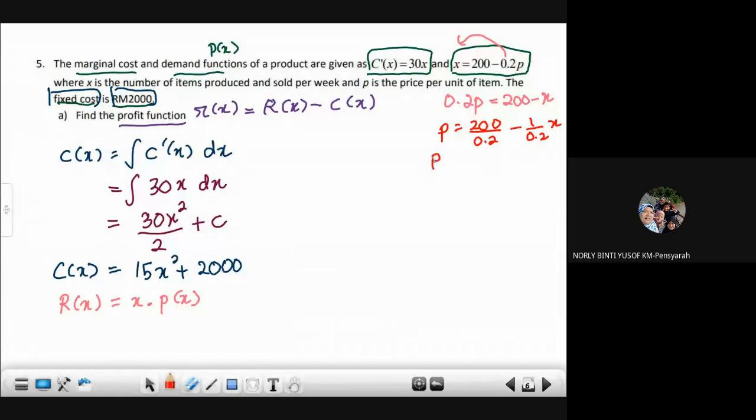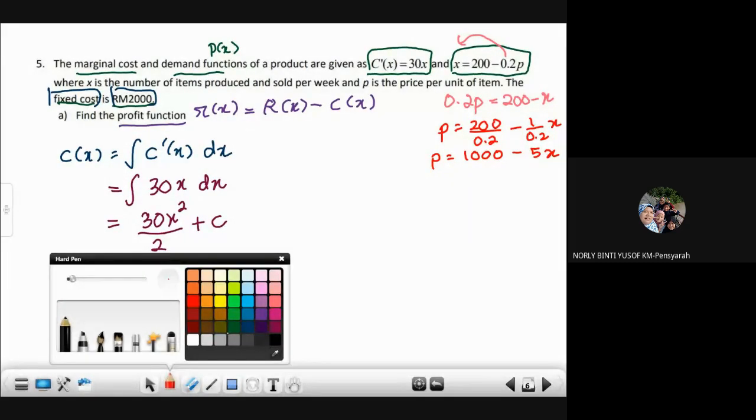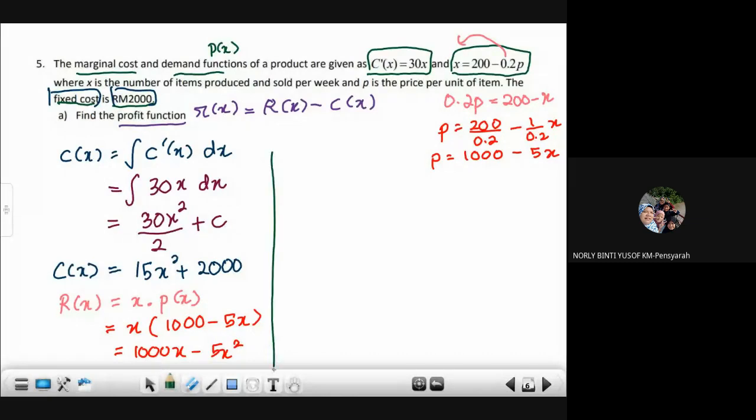Okay, so you will get 1000 minus 1 divided by 0.2, 5x. So directly substitute into your demand function. So 1000 minus 5x. So you get 1000x minus 5x squared. Okay, then find the profit function.